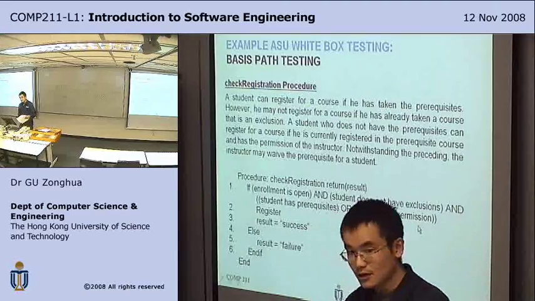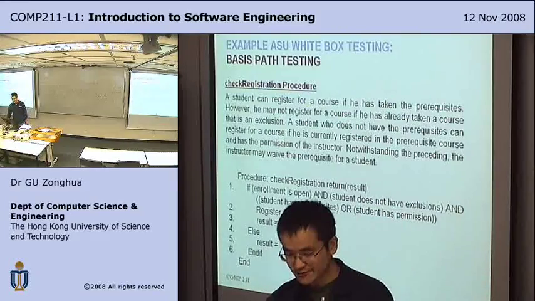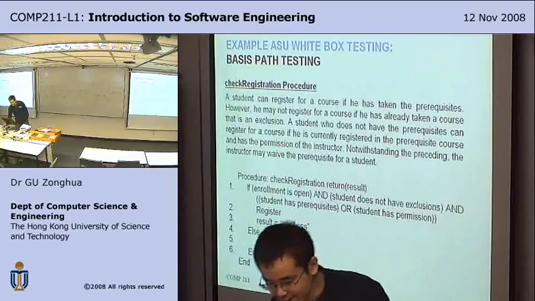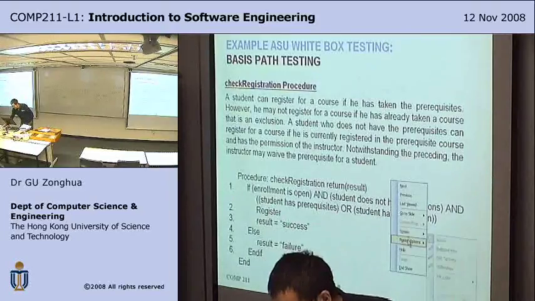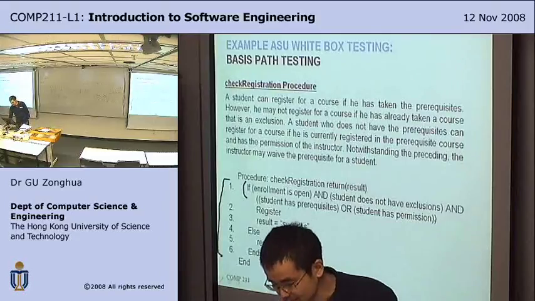Here's another example. A student can register for a course. This gets translated into this code with 1 compound condition with 4 simple predicate conditions.